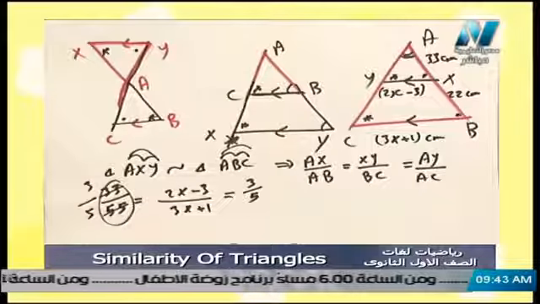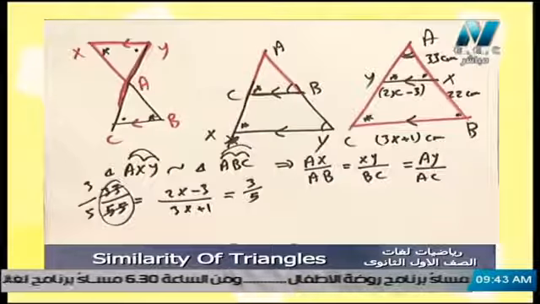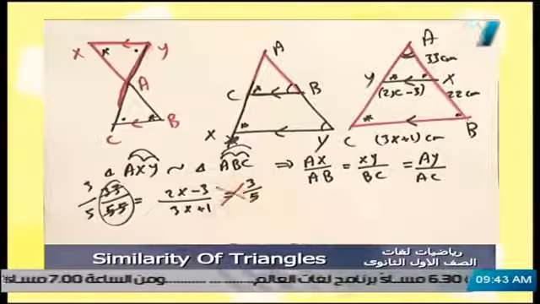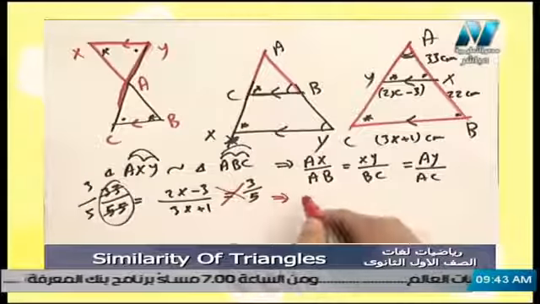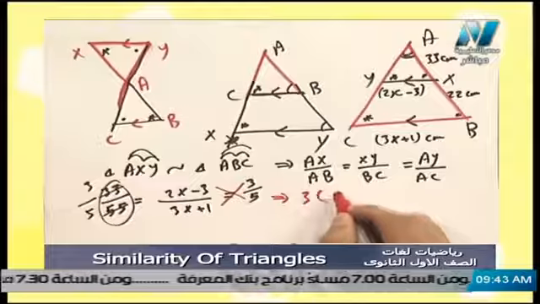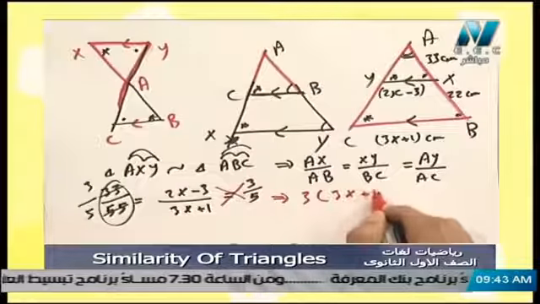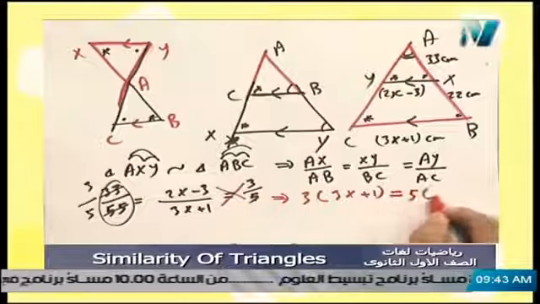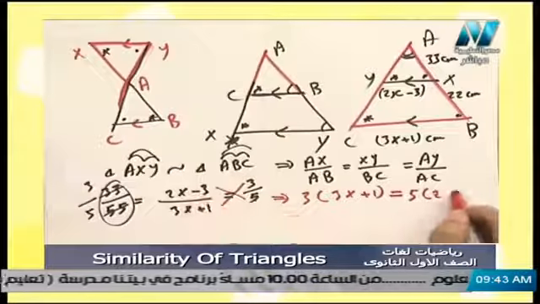And from the ratio of the third pair, we can do cross multiplication. We have 3 multiplied by 3x plus 1 equals 5 multiplied by 2x minus 3.